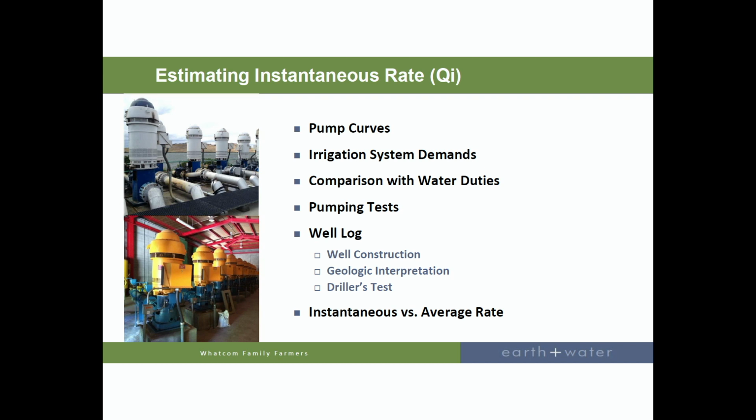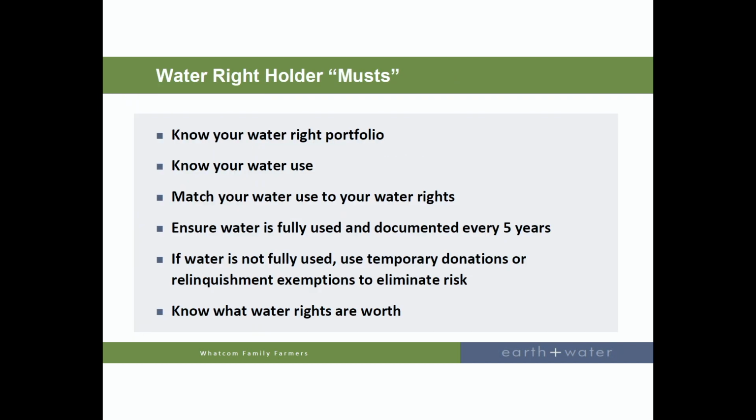So these are all ways, none of them are wrong. You might want to pick two of your favorites and just see how close you get to estimating those numbers.